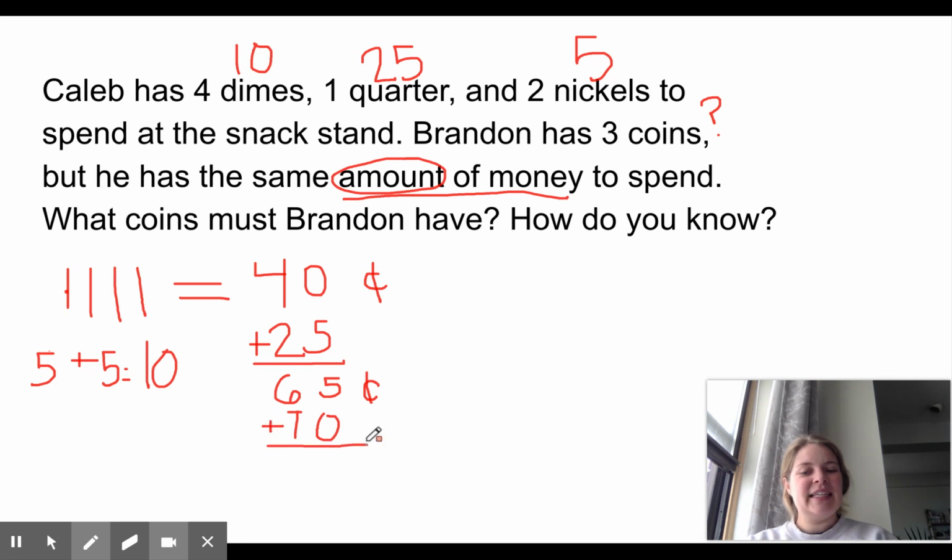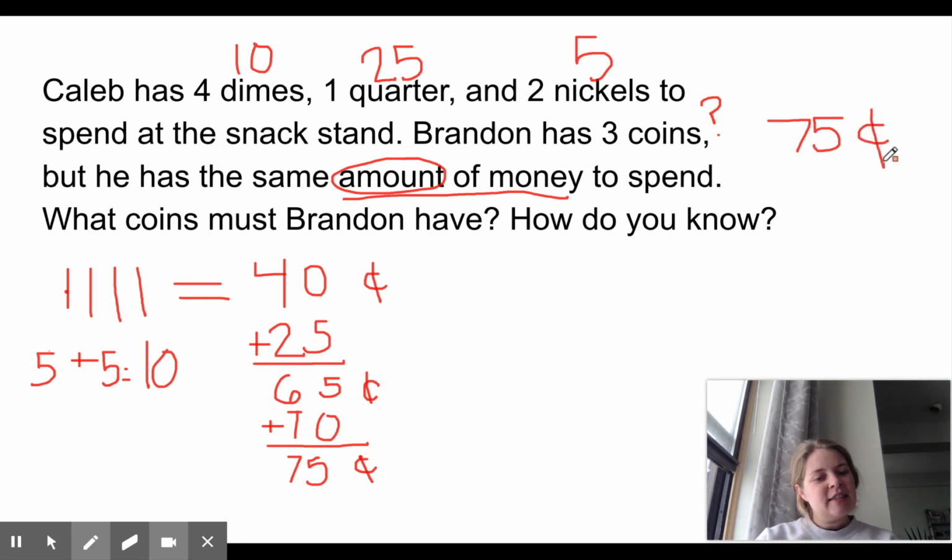We're just adding a 10 to it. It's 75 cents. Good work. So Brandon has 3 coins that equal 75 cents. He only has 3 coins. What must those coins be?